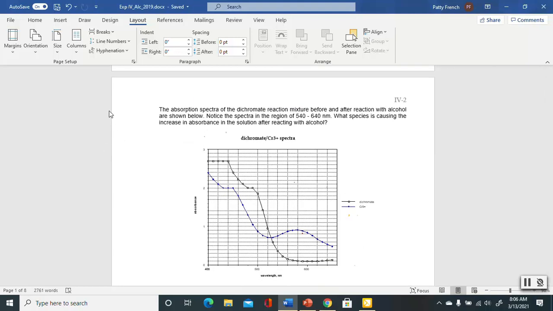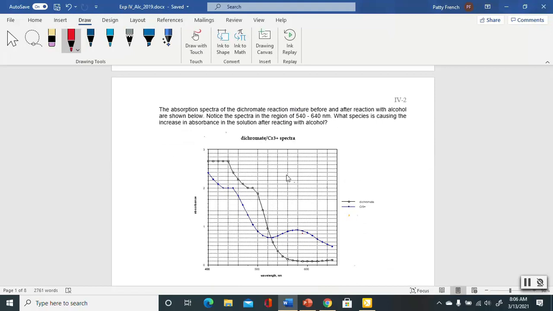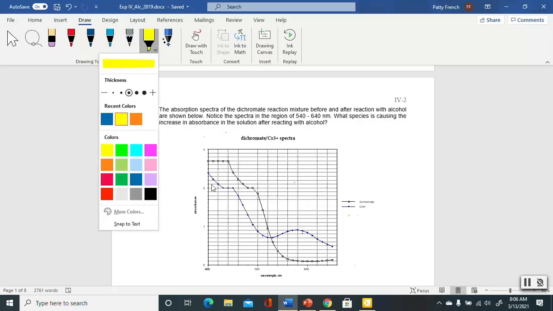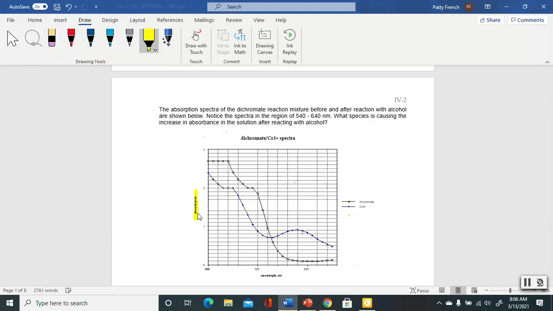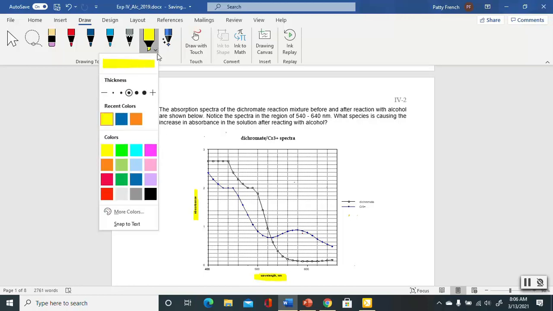Here we have a graph, and this graph is an absorption spectrum. What's an absorption spectrum? Well, this is a graph essentially of the absorbance versus the wavelength for a particular species. Now, as we look at this, we're going to see the dichromate is the one with the open dot.